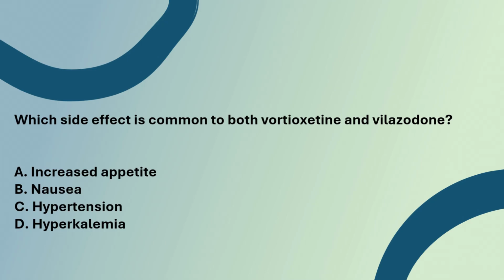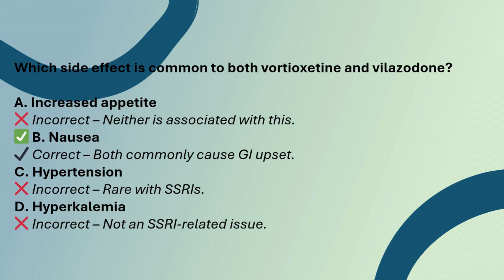And if you really think about this, hyperkalemia, what's that? Too much potassium, right? What about hypertension? Do they cause hypertension? Do they cause nausea? Do they cause increased appetite? So if I was looking at this and I wasn't sure, I think I would think A or B. Let's go on to the next slide.